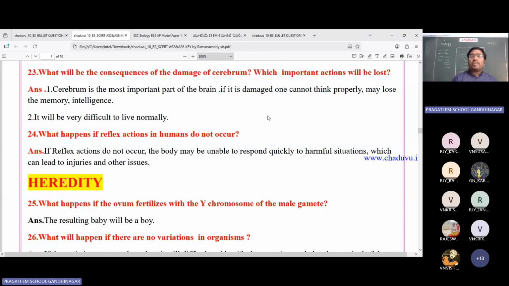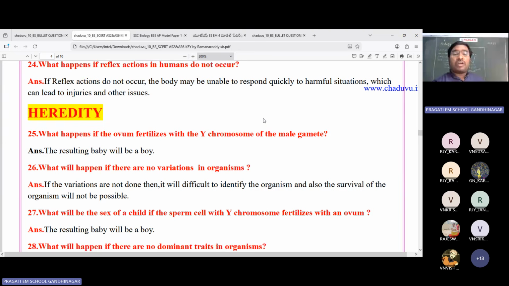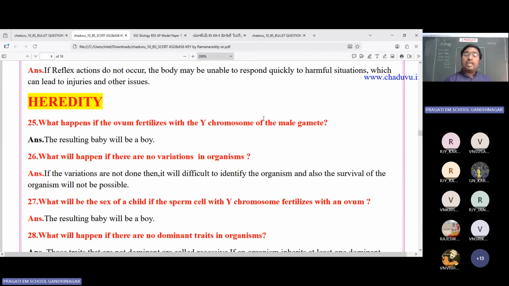Okay. And what will happen if the reflex actions in the human do not occur? If the reflex actions do not occur, the body may be unable to respond quickly in harmful situations, which can lead to injuries or other issues. Okay. This is about the questions related to control and coordination.